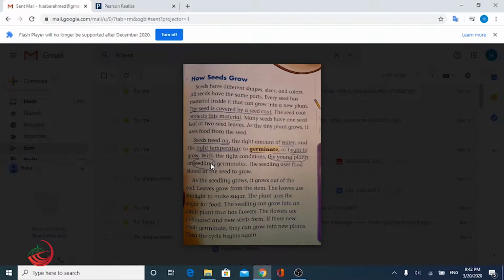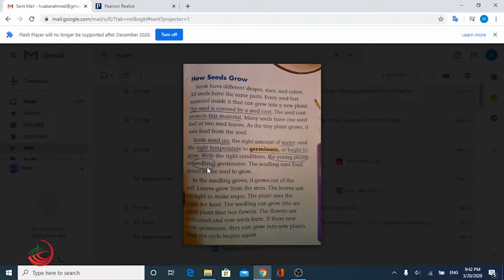With the right conditions, the young plant or seedling. I can say seedling when it is a very small plant in the process of growing. Like we say, for example, chicken and chicks.